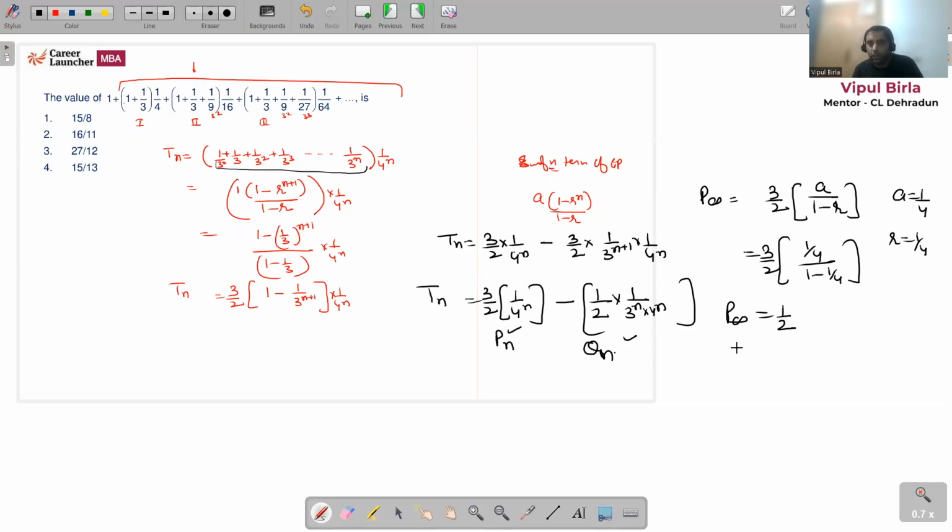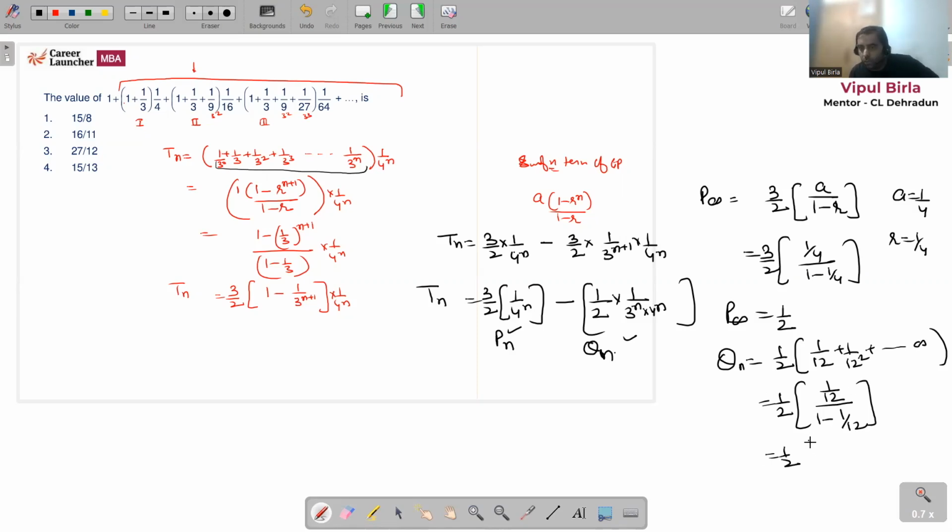Similarly, when you look at Q, I identify Qn equals 1 upon 2 into 1 upon 12 to the power n, which is 1 upon 12 plus 1 upon 12 square. So the infinite sum is again A upon 1 minus R. So A is 1 by 12 upon 1 minus 1 by 12, which is 1 by 2 into 1 by 11.